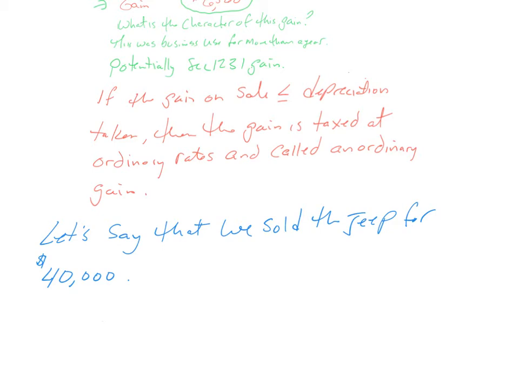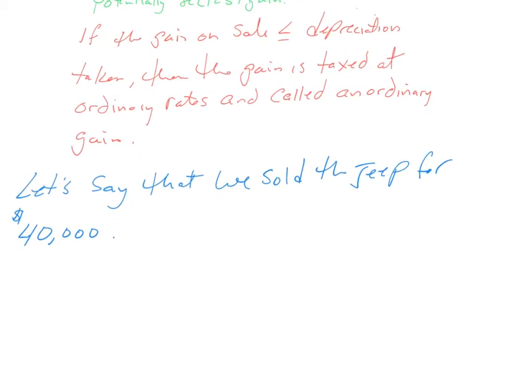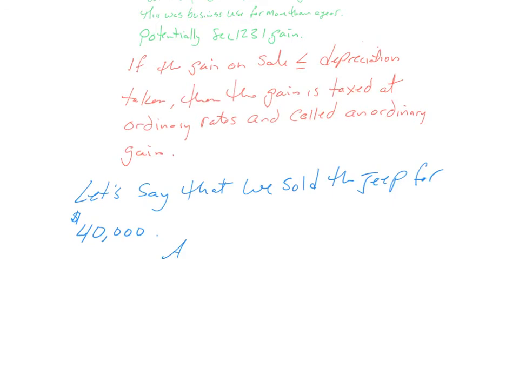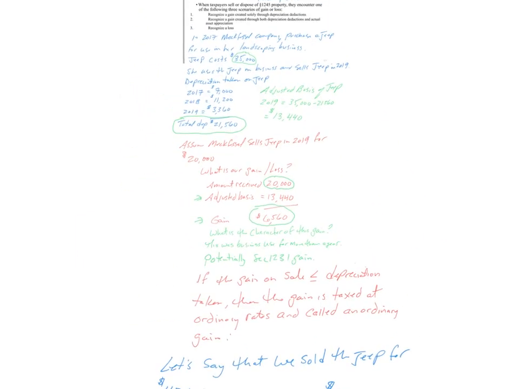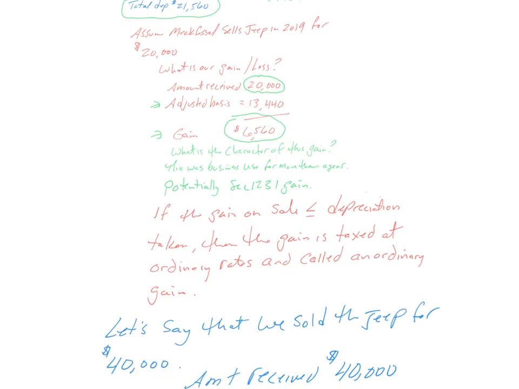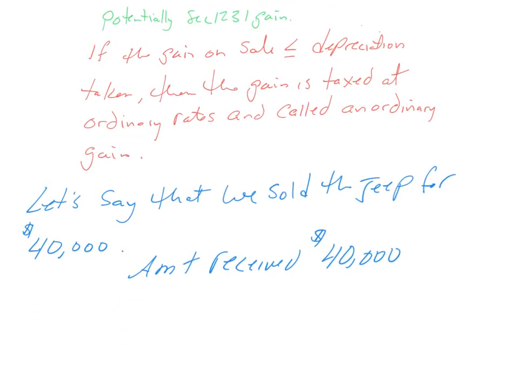All right, so instead of our Jeep depreciating in value, for some reason it was a limited edition Jeep, and it held its value very well. In fact, it appreciated, and so we're selling the Jeep in 2019 for $40,000. So now, what is our amount received? That's $40,000. What was our adjusted basis? We're going to assume same adjusted basis, same depreciation.